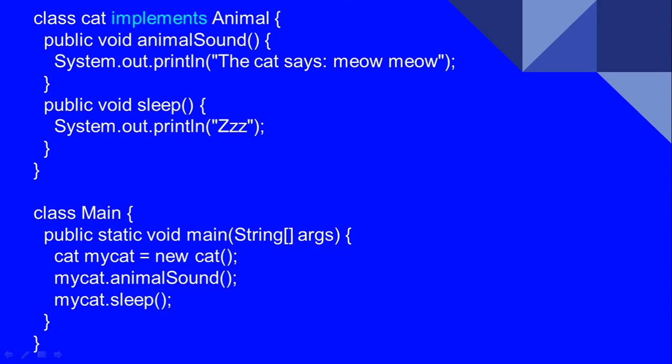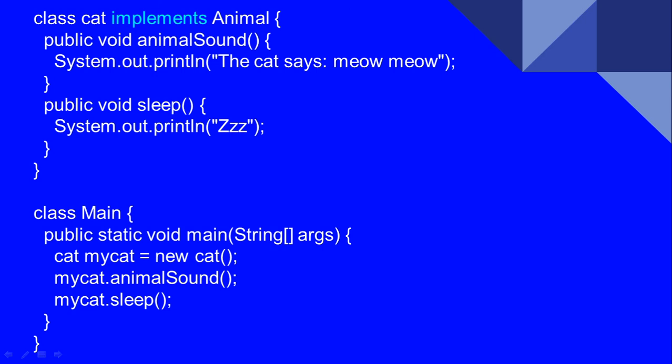So now by this Cat class, we have implemented the Animal interface into the Cat class. And now this Cat class has the methods animalSound and sleep, which are described clearly and elaborately inside this class, but not in the interface Animal.